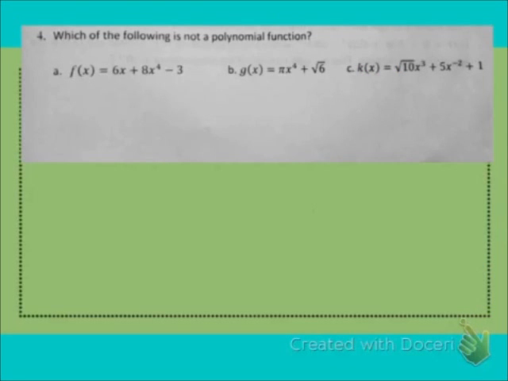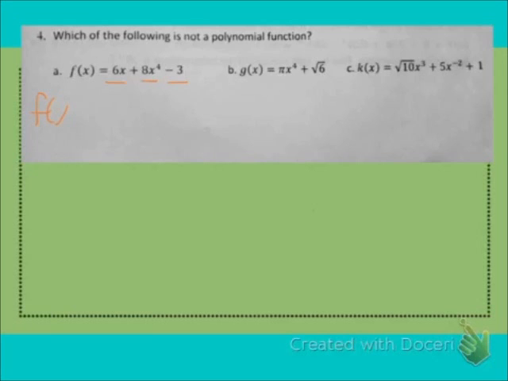Now this next problem is based on 5.2 also. Just by looking at it, first you need to look and determine if it's a polynomial function. 6x, 8x to the 4th, and a -3. Now, since they're all good numbers, your exponents are good, yes, it is a polynomial function.